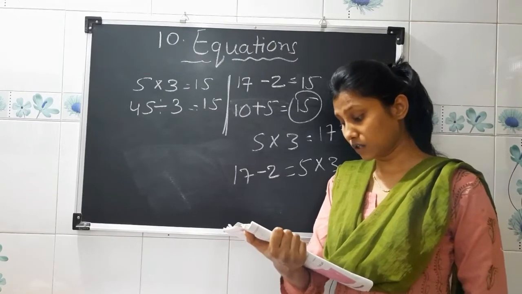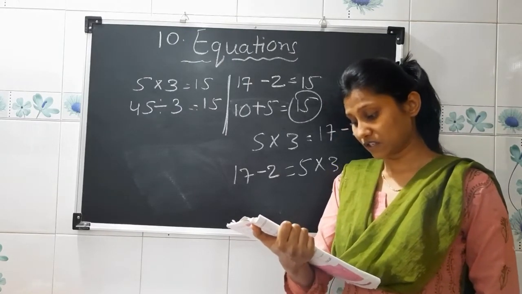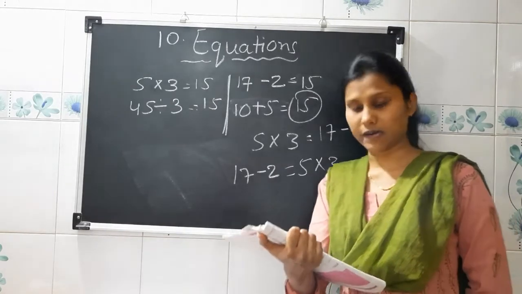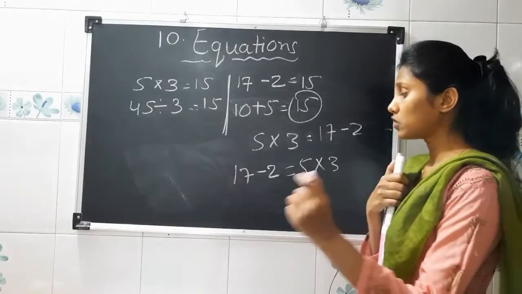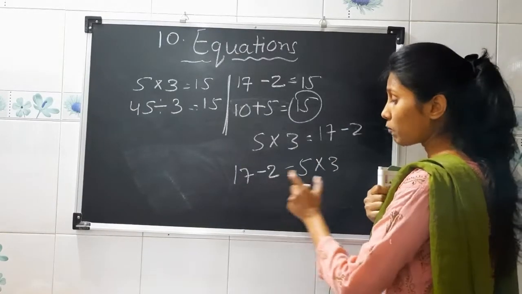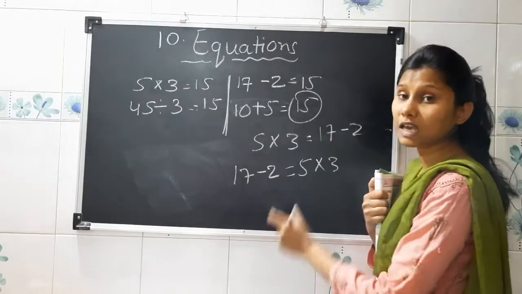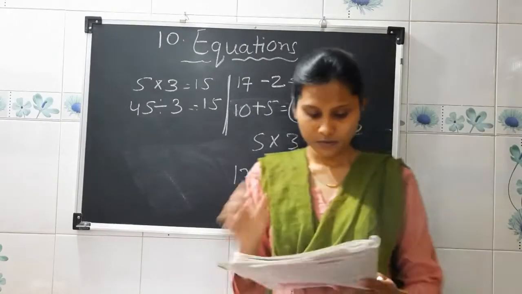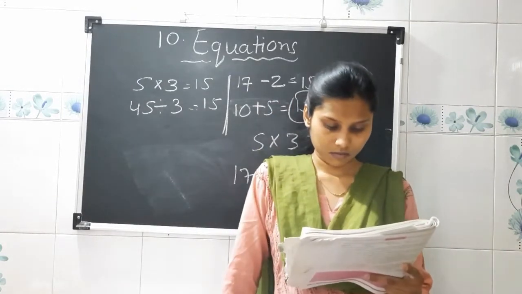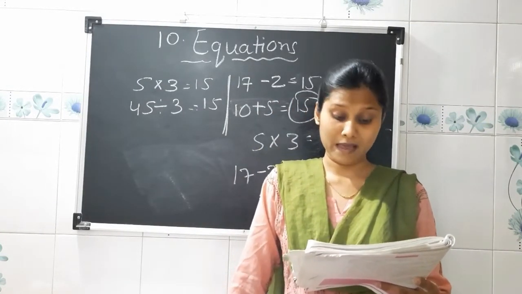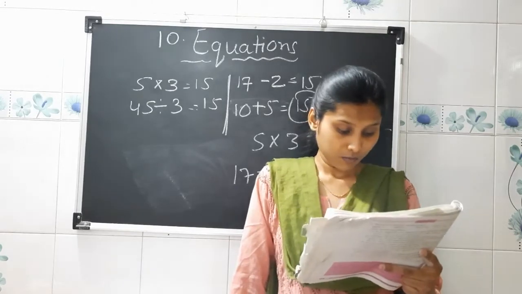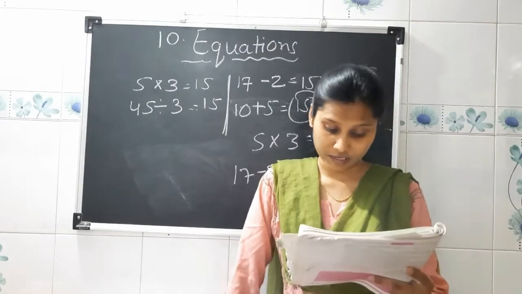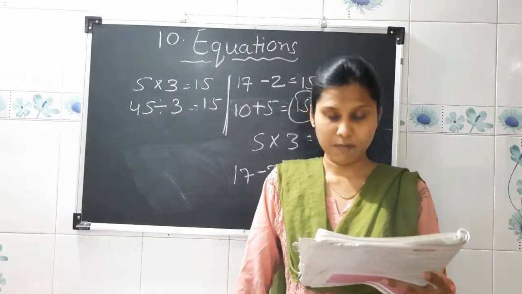If you write a new equation simply by exchanging the two sides of an equation, then the new equation is also correct. That is balanced. You have to just see whether both the sides are giving you the same result. Here I have given you the diagram of a weighing scale. If there are two equal weights in both pans of a weighing scale, then the scale is balanced.